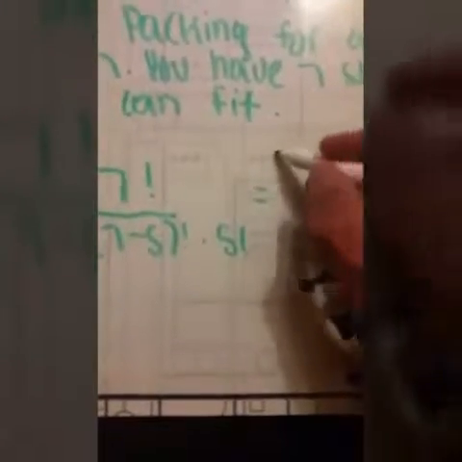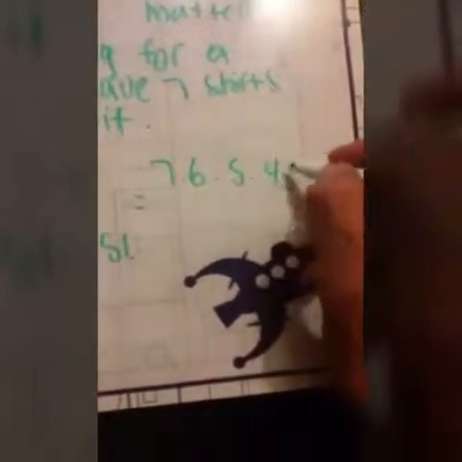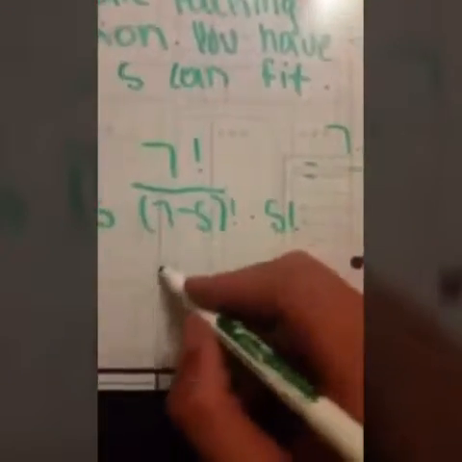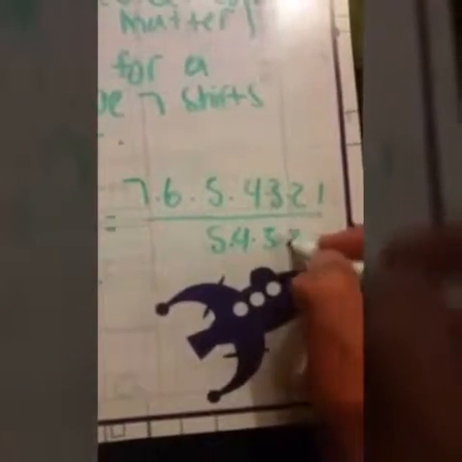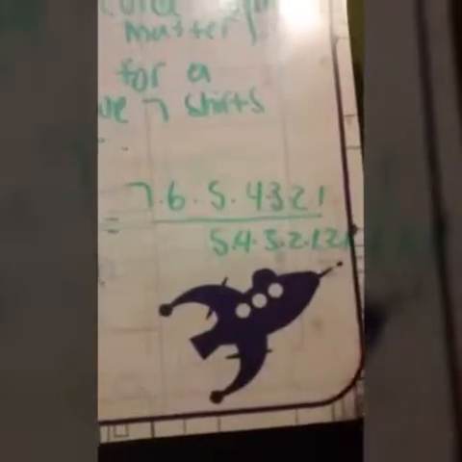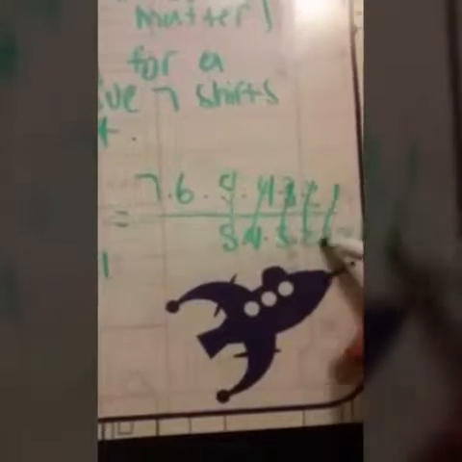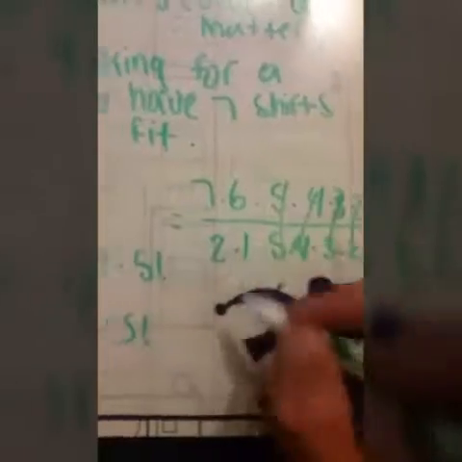So now you just want to write it out. 7 minus 5 is 2. So here, now we have 5 factorial, and these will actually cancel out your 5, 4, 3, 2, 1. And then you're left with 7 times 6 over 2 times 1.